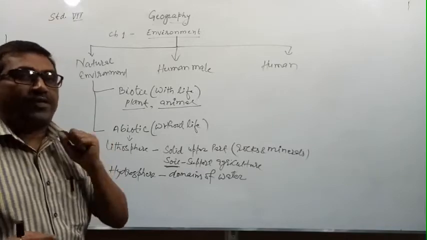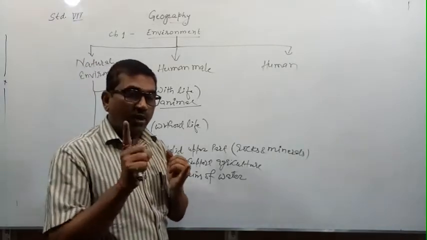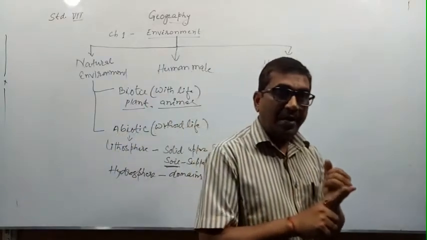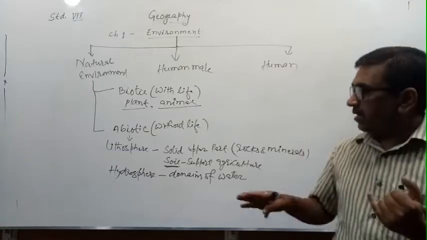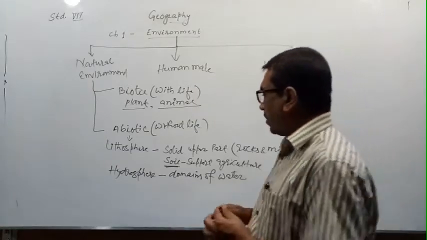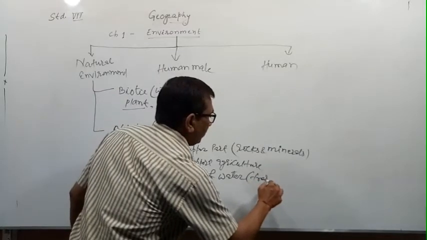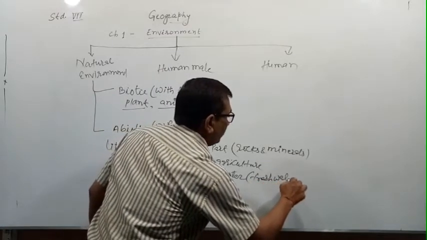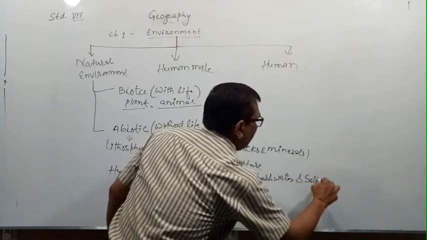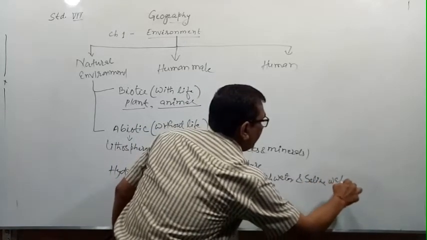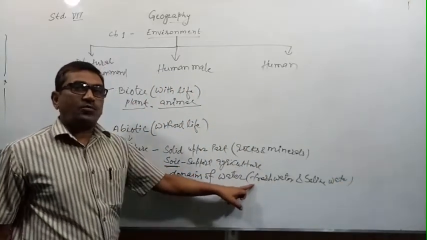What comes into the fresh water? River, lakes, but not all the lakes. River, lakes, well, underground water. It comes as the source of fresh water.